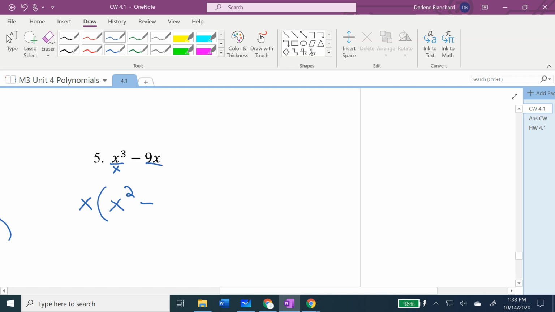Then minus, when I divide 9x by x, I get 9. So what I was able to factor out as a single term, that's done with the factoring. I'm left with something quadratic.